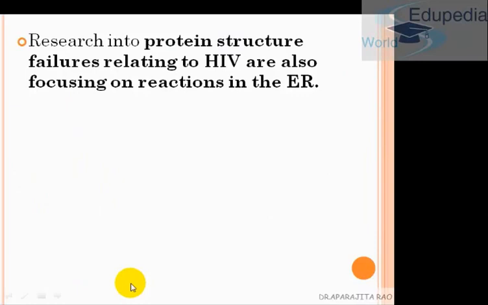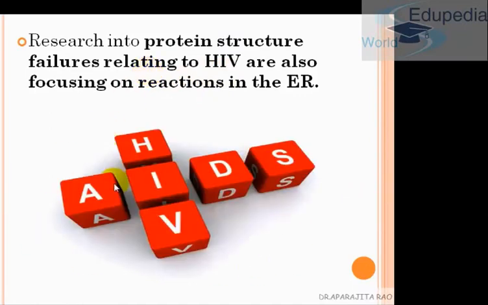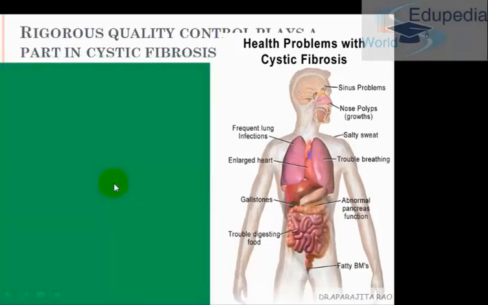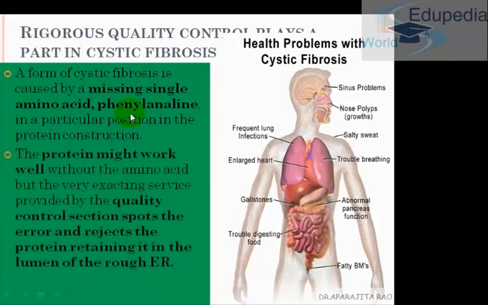Now even scientists are saying that HIV is related to this stress response. A very huge disease, cystic fibrosis, actually happens because of this quality control. How? There is a type of cystic fibrosis caused by a single missing amino acid, phenylalanine.